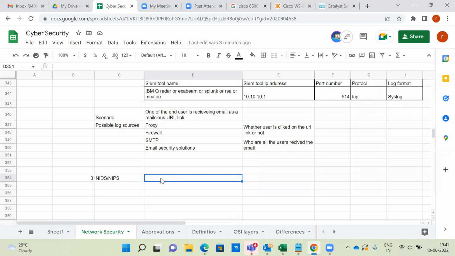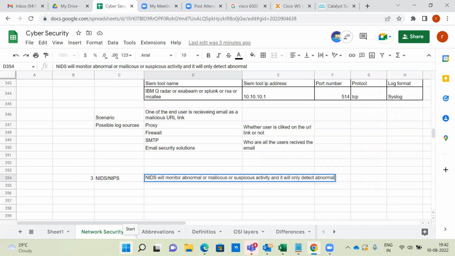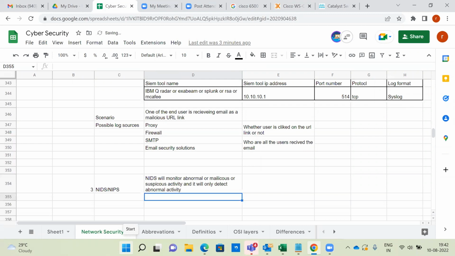Okay, coming back here. NIDS will monitor abnormal, malicious, or suspicious activity, and it will only detect abnormal activity. That is NIDS.